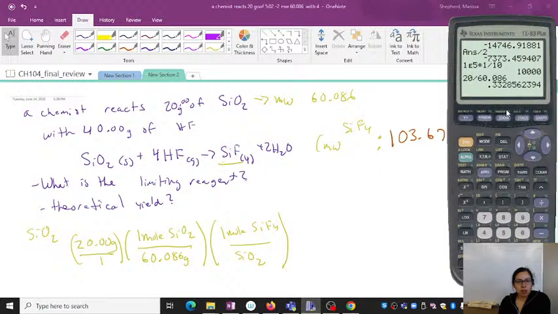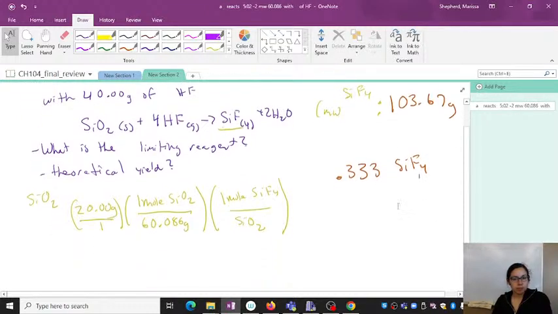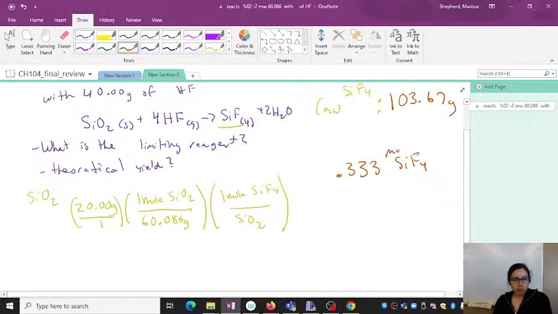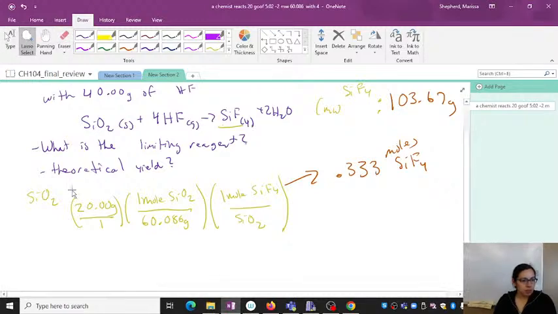So we can either stop here and say that we have 0.33, almost rounded to 3 moles of silicon tetrafluoride. Or you could go on.